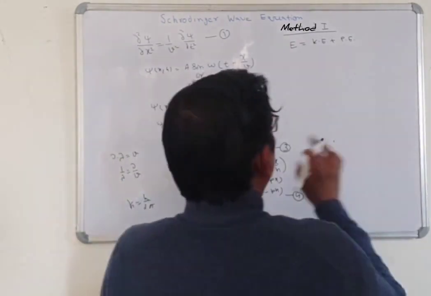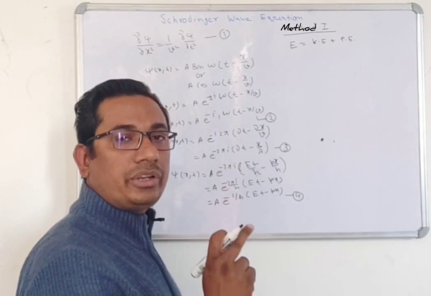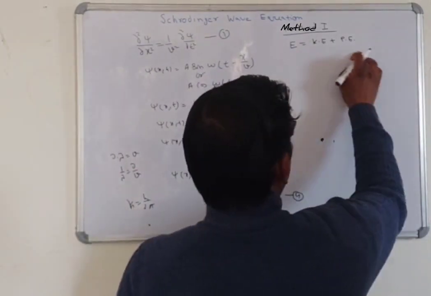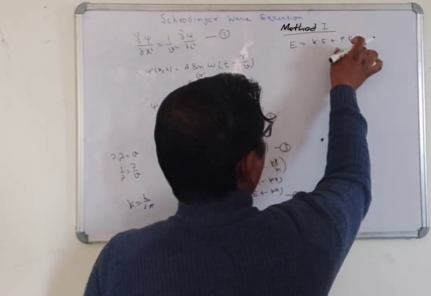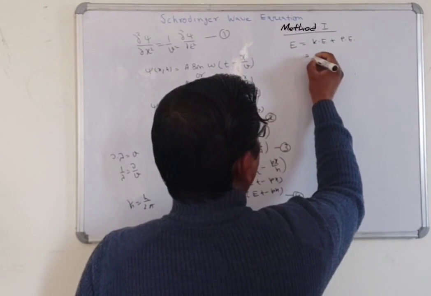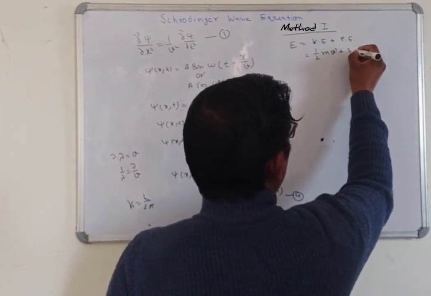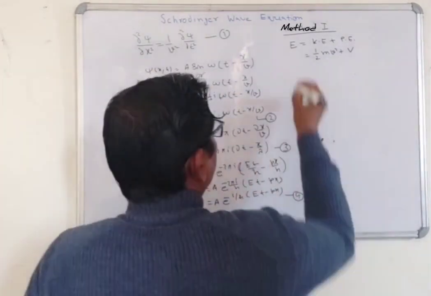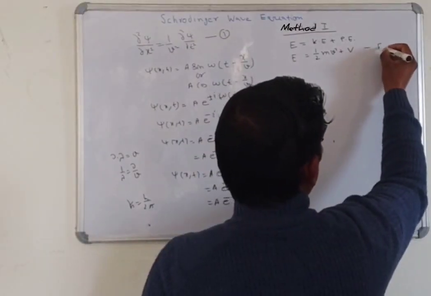Now, when we consider that the particle is subjected to an external field, we can write the total energy of the particle as kinetic energy plus potential energy. Like that, we will write half mv square plus V, where V is the potential energy. This is equation number 5.